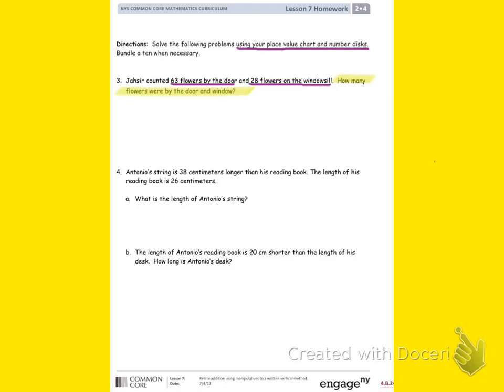Since the directions tell me I need to use a place value chart and number discs, I will draw my chart now. This is the ones column and the tens column. 63 has 3 ones and 6 tens.